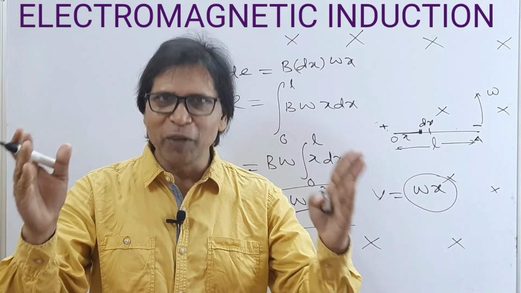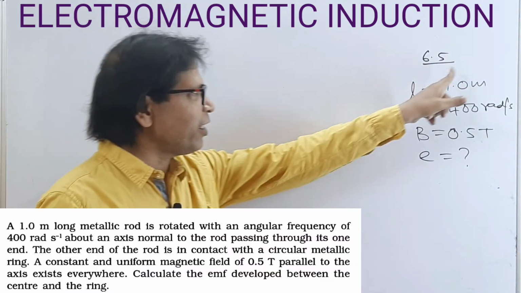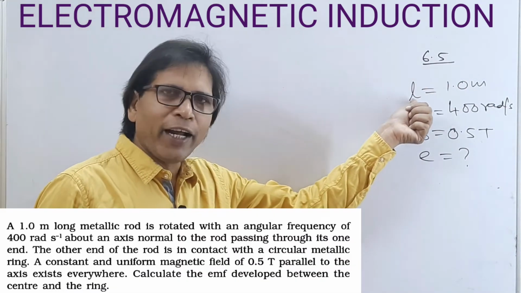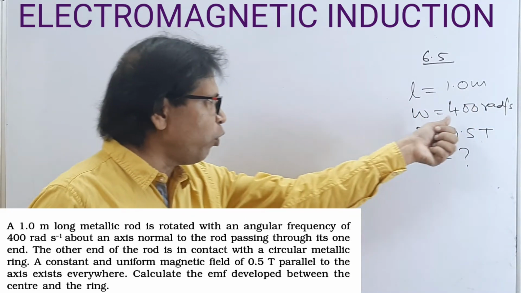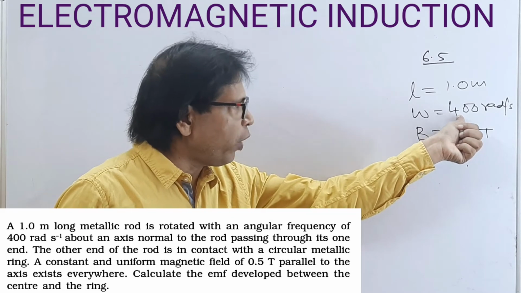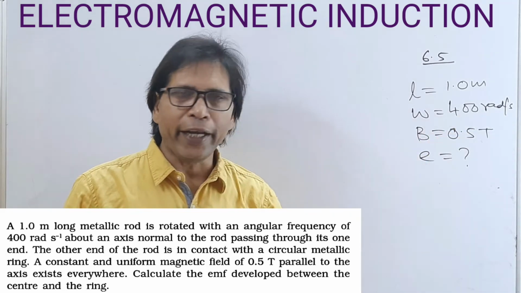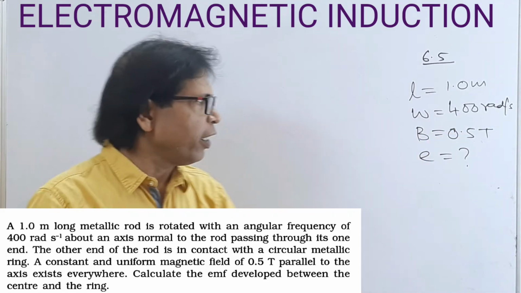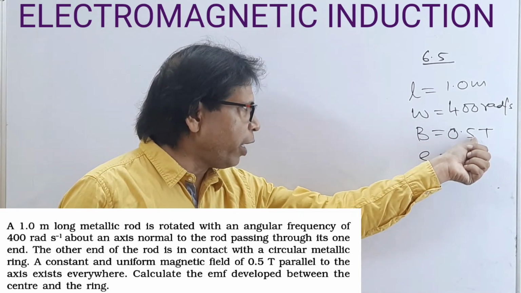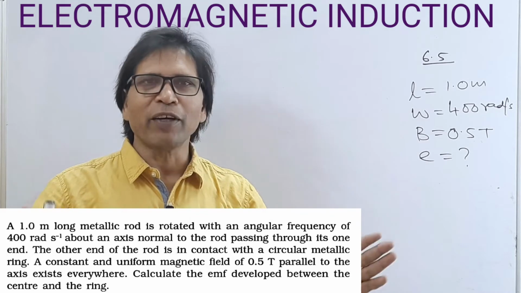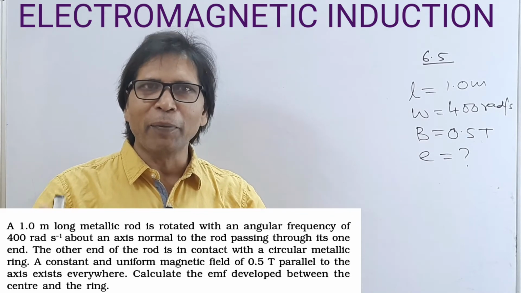Understood? Now a numerical. NCERT 6.5. A conductor of length 1.0 meter rotates with angular velocity 400 radian per second about its one end in a uniform magnetic field 0.5 Tesla. We have to calculate the EMF developed in it.